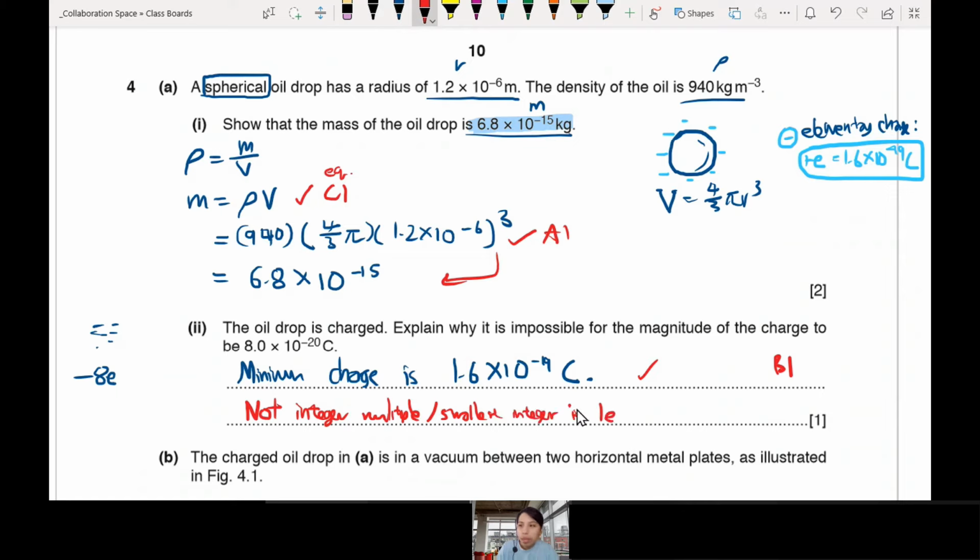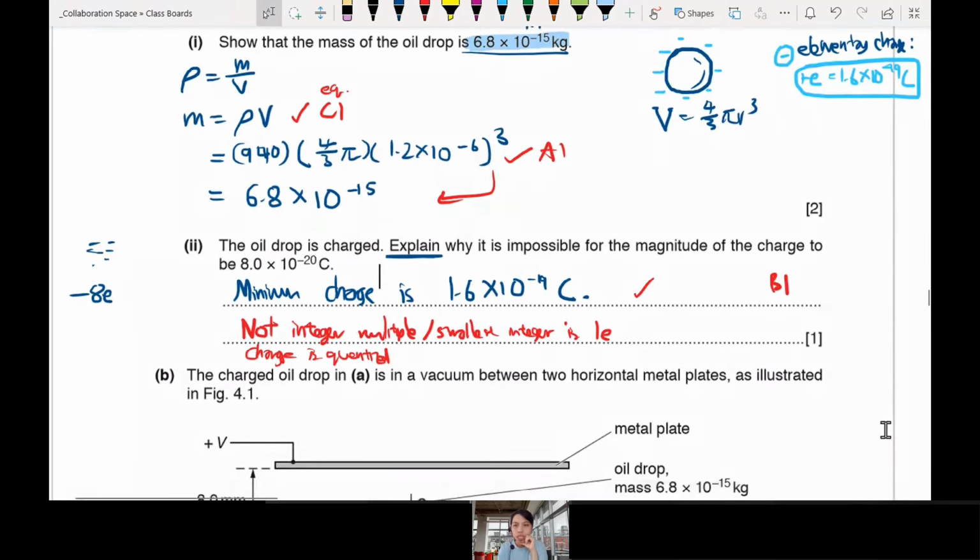Or you can say charge is quantized, and this is not going to give you an integer. Remember, you must explain. So don't just say minimum charge or charge too small. Say the minimum charge is this thing, but it's too big. So check your work and see, do you talk about minimum charge or not an integer multiple or something like that?